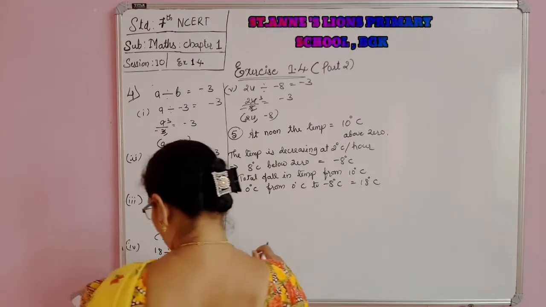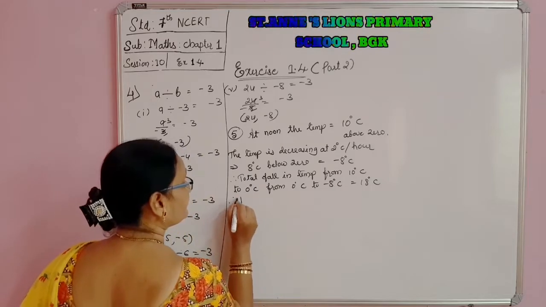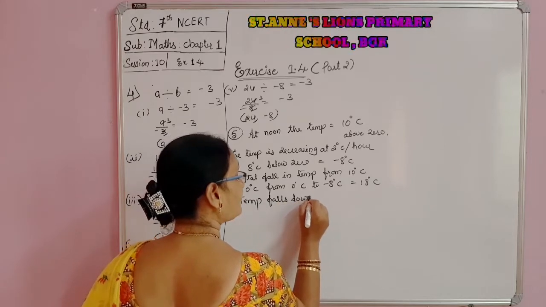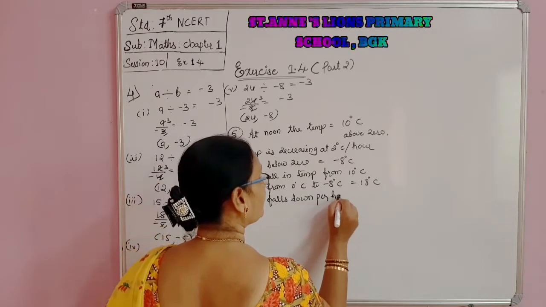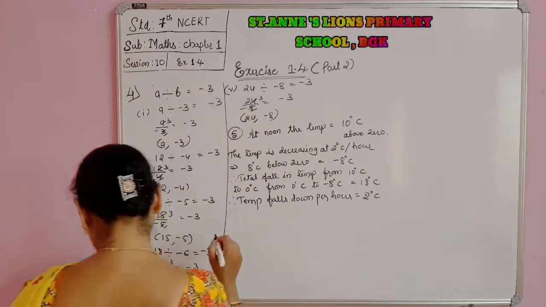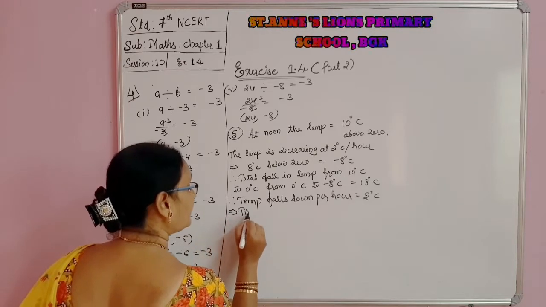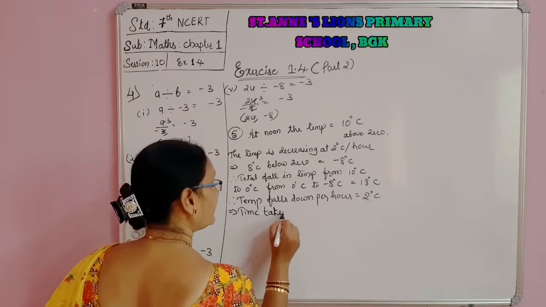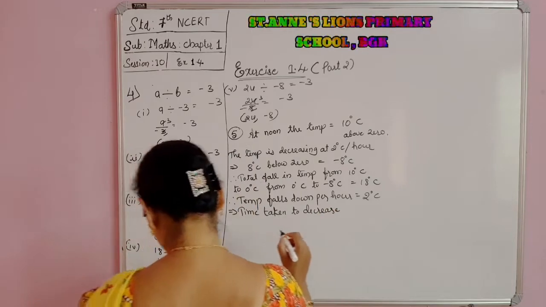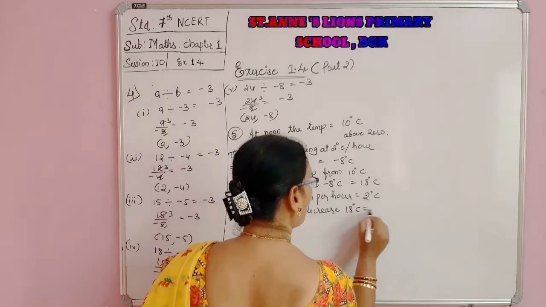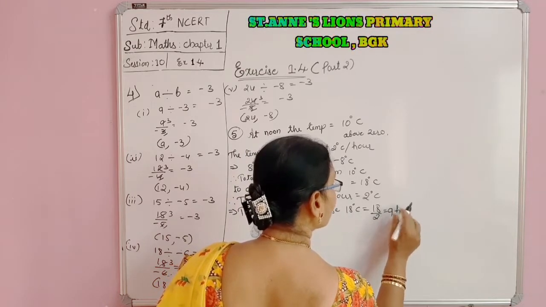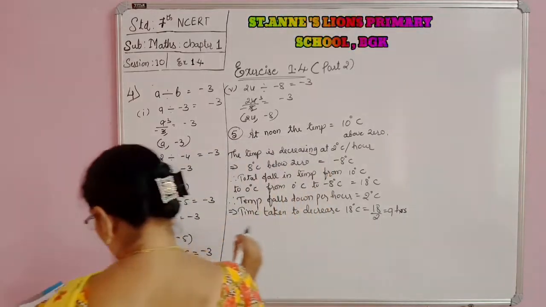Then the temperature falls per hour by 2 degrees Celsius. Therefore, time taken to decrease 18 degrees Celsius is 18 divided by 2, which is equal to 9 hours.